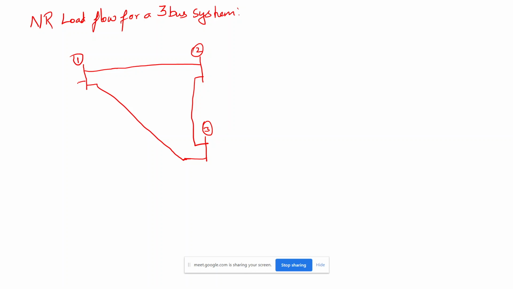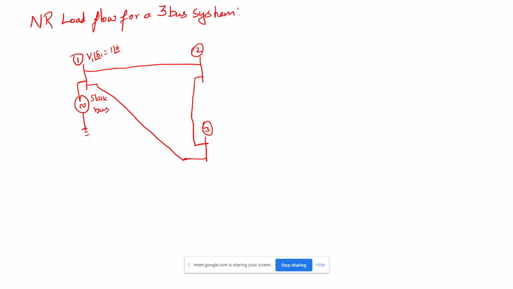Here one generator is there, and this will be a slack bus, and we know that for slack bus V1 angle 1 is nothing but 1 angle of 0 degree.